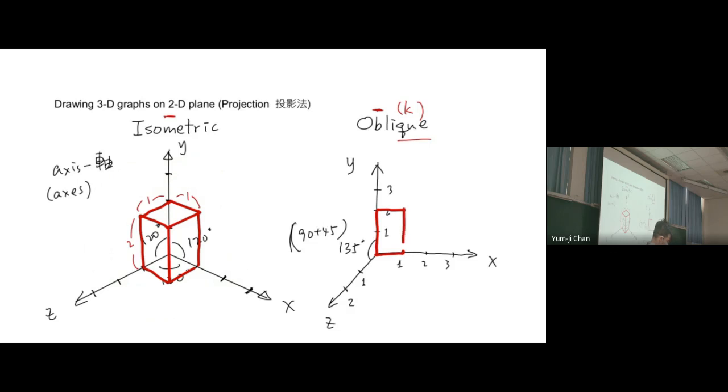And then in the z-axis, how long do we have? 1 unit. So we have it like this. Of course, if we remove hidden lines, it is like this.